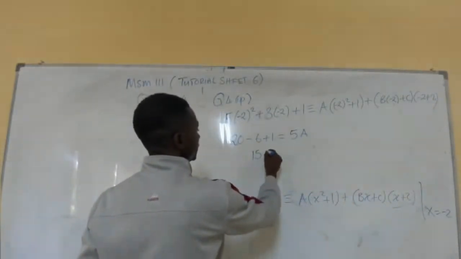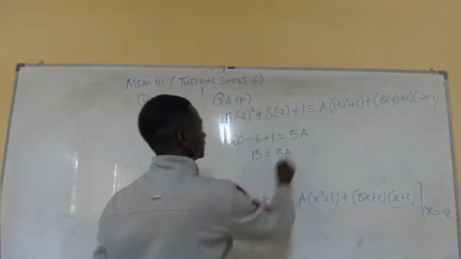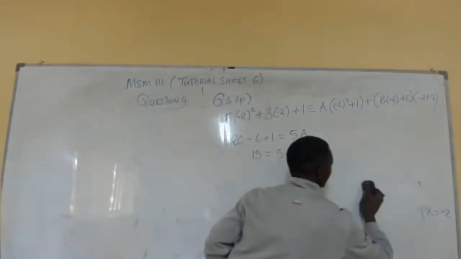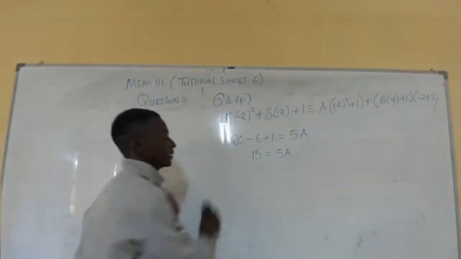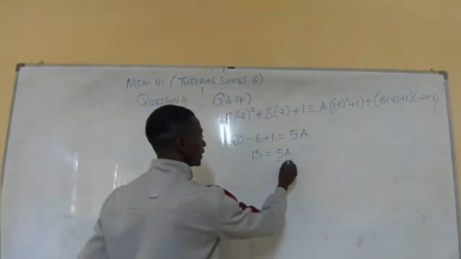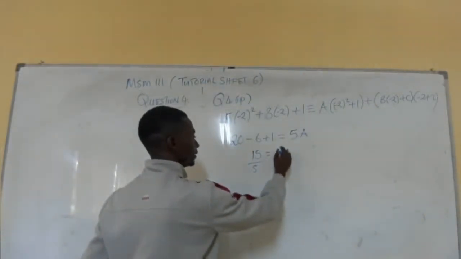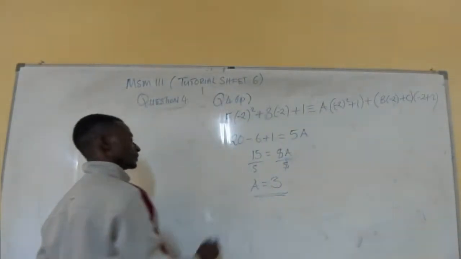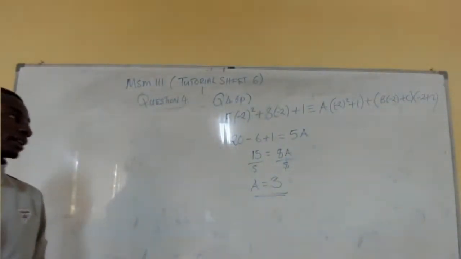So we have 15 equal to 5a. So what is the value of a? You say over 5 on both sides, so a is equal to 3. So that's what you're supposed to do.